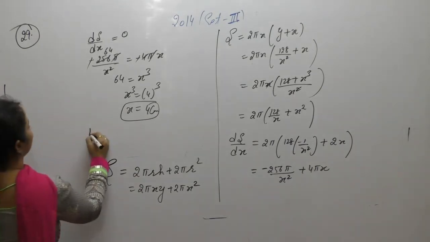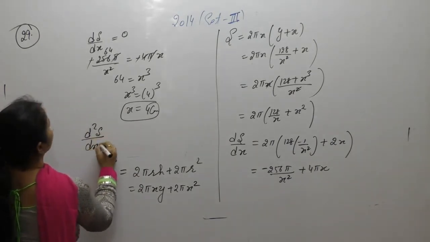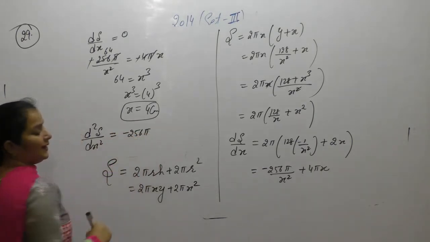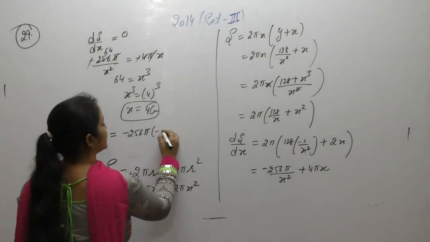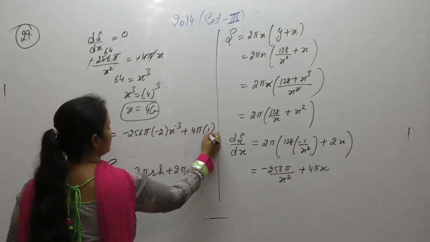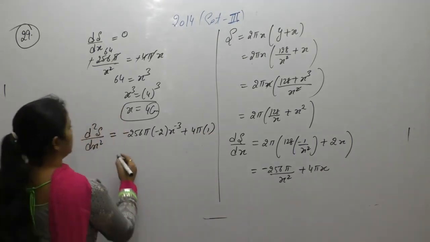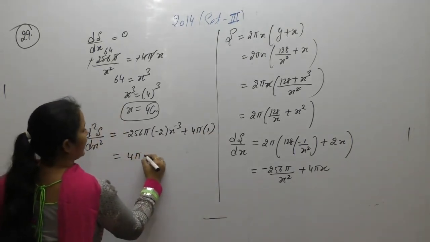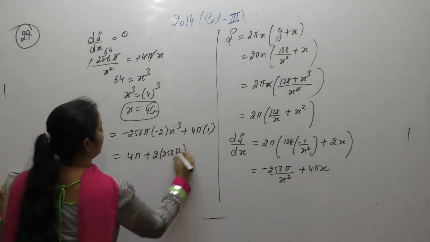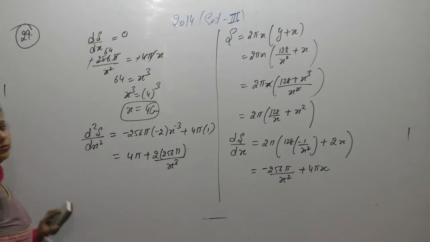Now find the second derivative, d square s upon dx square: minus 256 pi times the derivative of x power minus 2, which is minus 2 x power minus 3, plus the derivative of 4 pi x, which is 4 pi. So 4 pi plus 2 into 256 pi upon x cube.